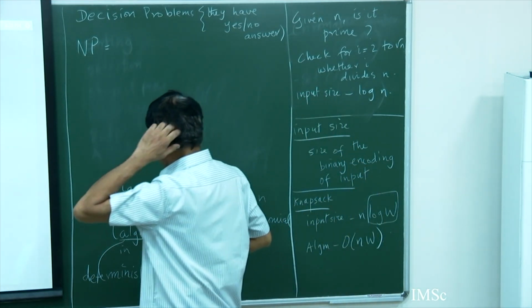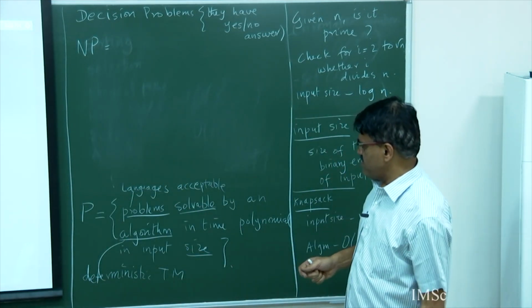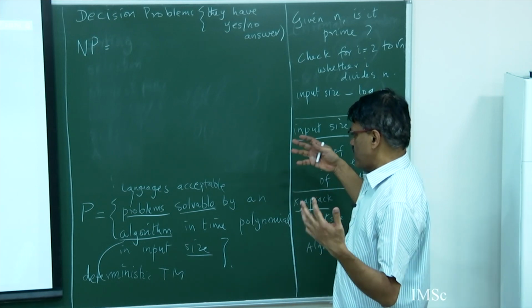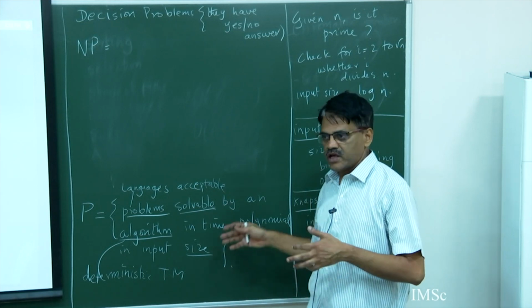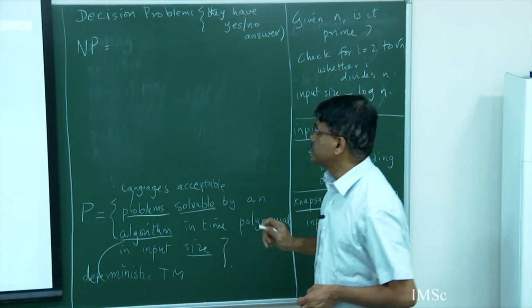So, what is NP? For people who understand Turing machines, it is very easy to say: languages accepted by a non-deterministic Turing machine in polynomial time.